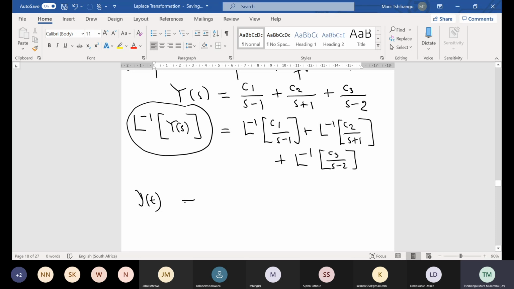And this will be equal to, applying the properties of Laplace transforms, the C1, which is a constant, can be taken out of the inverse Laplace transform. So we're going to remain with the inverse Laplace transform of 1 over S minus 1. If you've got your tables, you would see the inverse Laplace transform.